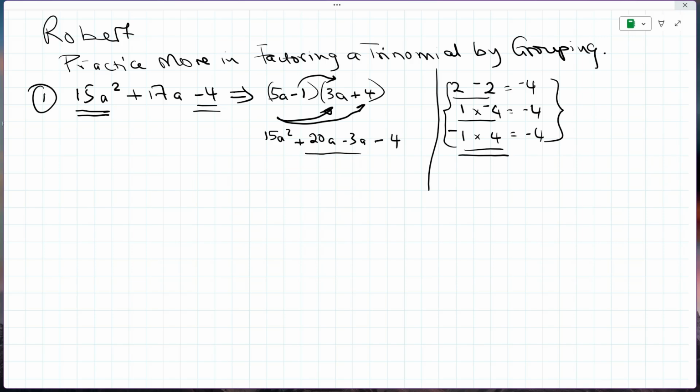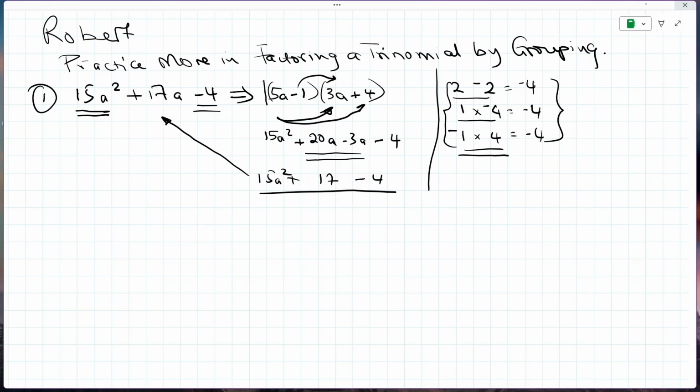Now, when you look at these two inner terms, they are similar. 20a minus 3a will leave us with the 17a. So then we have our 15a squared here. Then we have our minus 4 here. So we have gotten back our expression here, which we got initially.